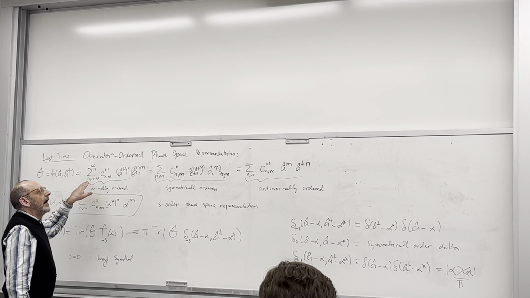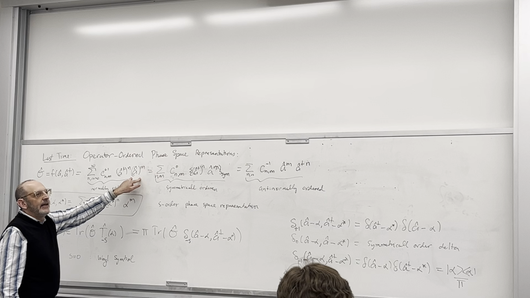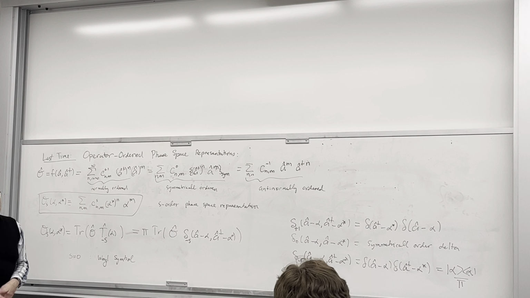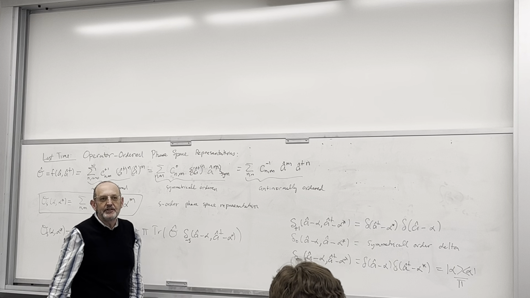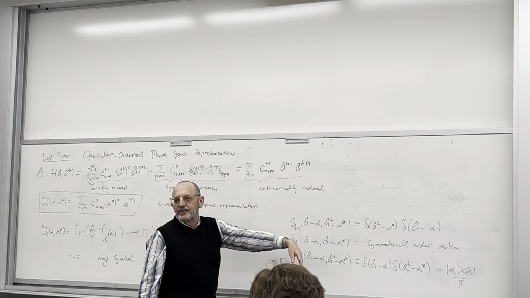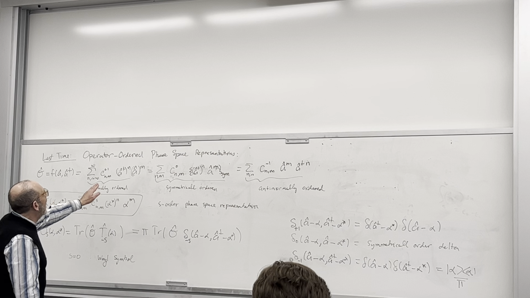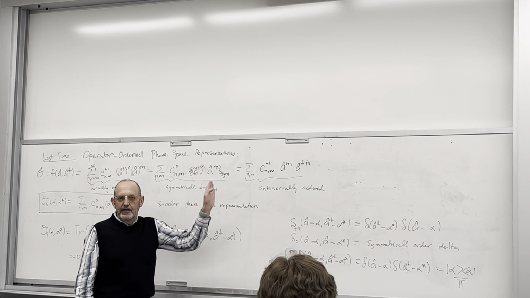And I can write it where I write all the A daggers on the left and A's on the right. That's the normally ordered series, or I can symmetrically order them in terms of all possible permutations of A and A dagger, or put all the A daggers on the right and the A's on the left. That's called anti-normally ordered. These operators are all the same operator, they're equal.